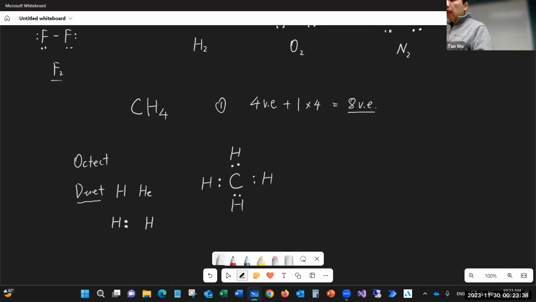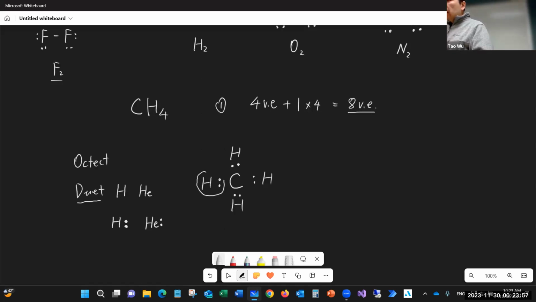Helium is the same thing, with paired electrons. So hydrogen and helium follow the duet rule. The octet rule applies to elements other than helium and hydrogen.